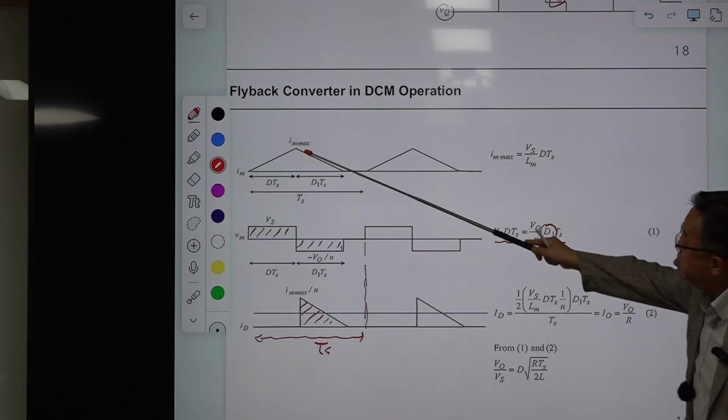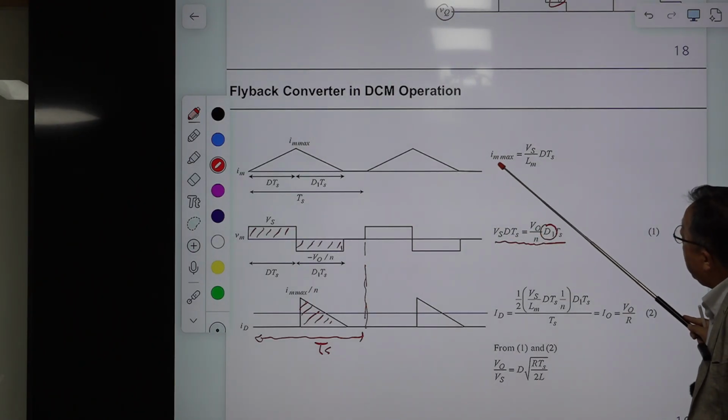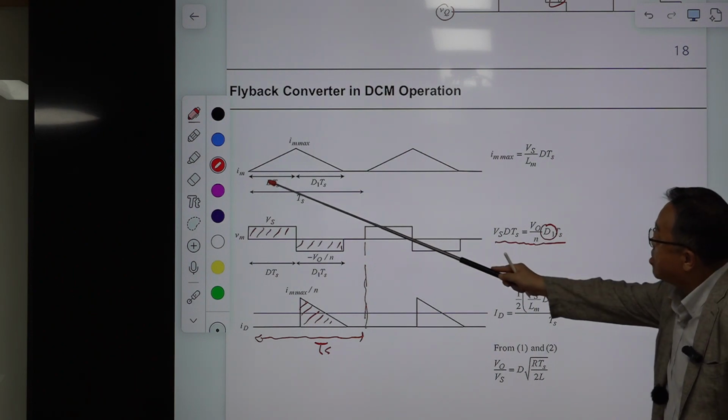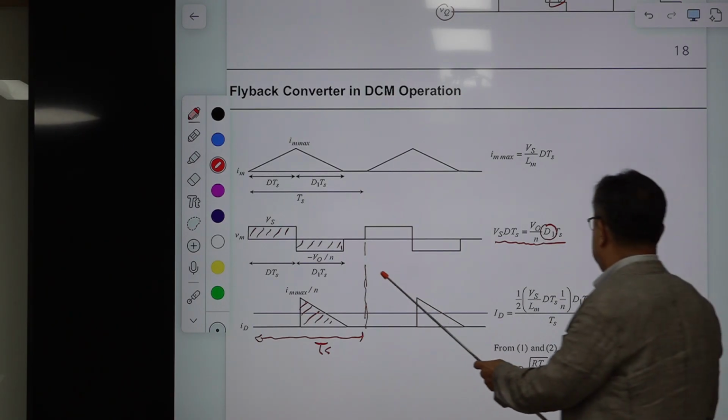This is the peak value. You know the equation of the peak value. This is Im max. It starts from 0, and this is the slope. This is the time period. This Im max divided by n is this one, because of the turns ratio, and that is decreasing.